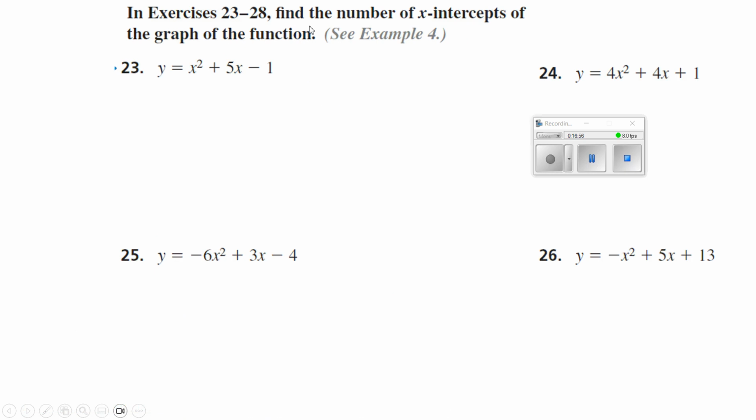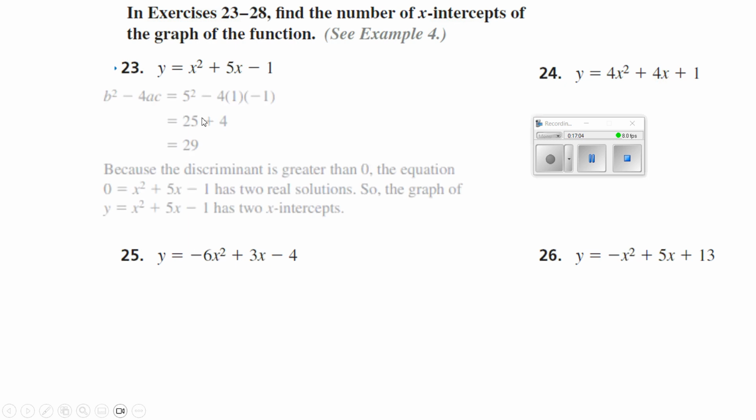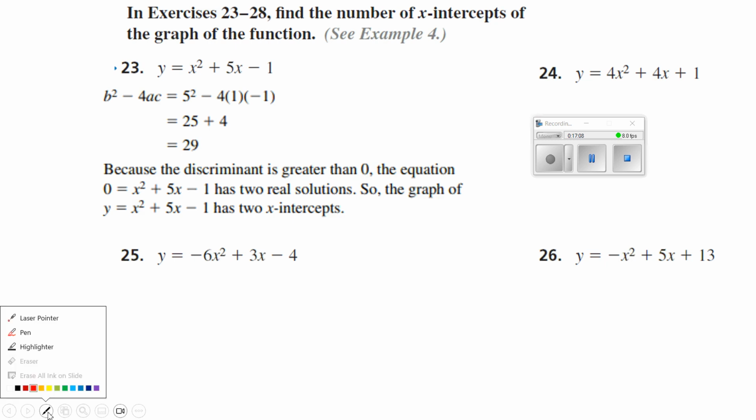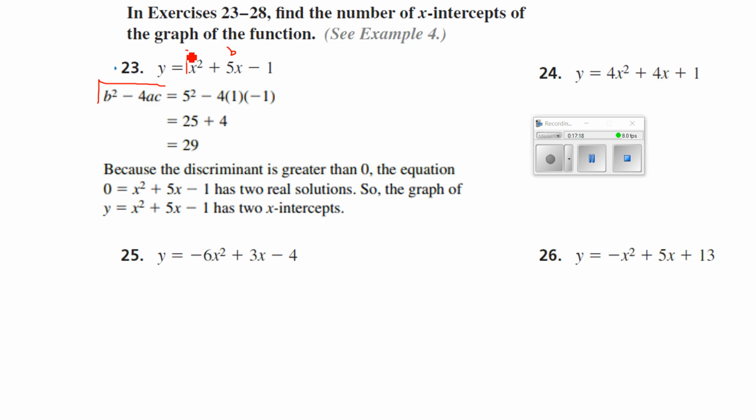Number 23 says find the number of x-intercepts of the graph of the function. X-intercepts, okay. For finding the number of x-intercepts here, I'm going to take, again, that equation that's part of my quadratic equation. Remember, this is going to be b. 1 is a, and then negative 1 will be c.